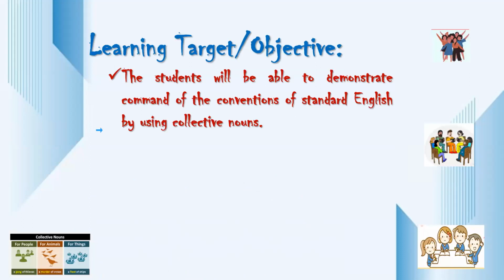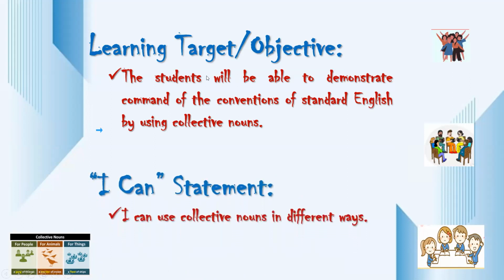So for example, I'm teaching a grammar lesson on using collective nouns. Again, if I put this objective on the board, some students may not understand what the words in this sentence mean.